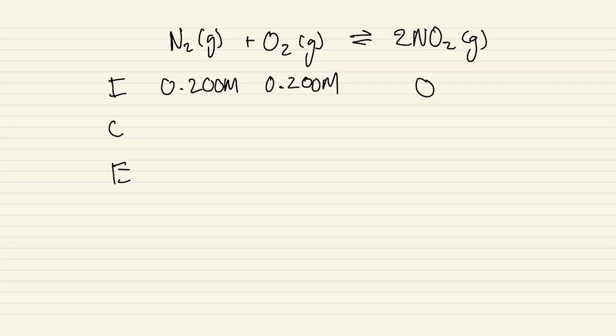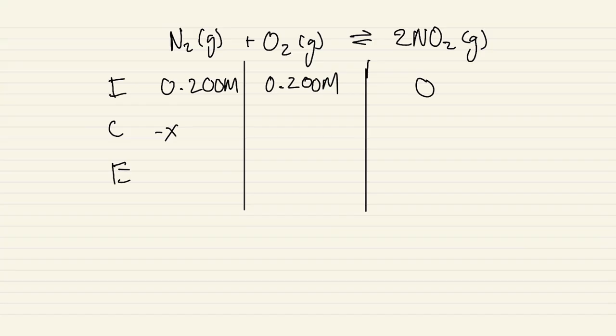Because we started off with none of this. And now we need to find what these values are going to be at equilibrium. And so how much do we lose of each of our reactants? Yep, we lose minus X, right? That's our change.